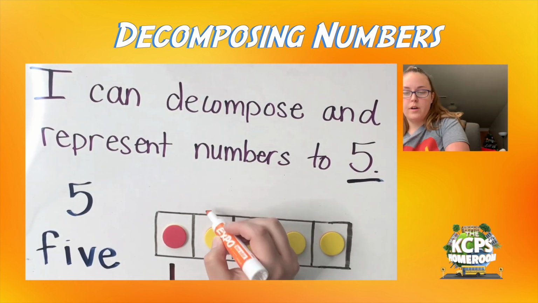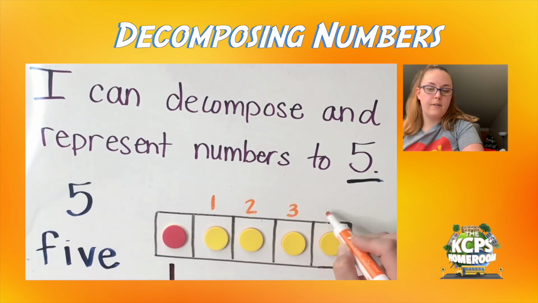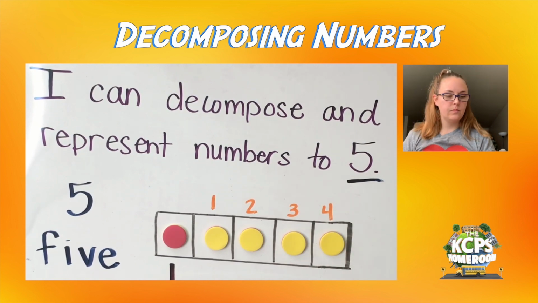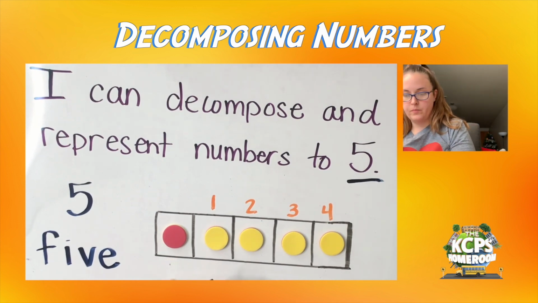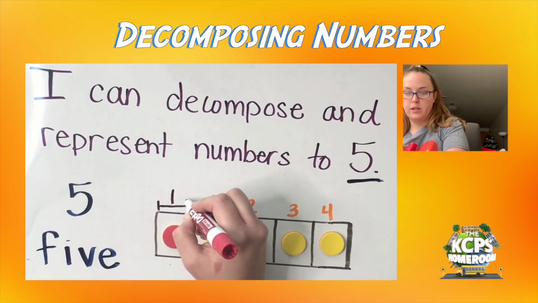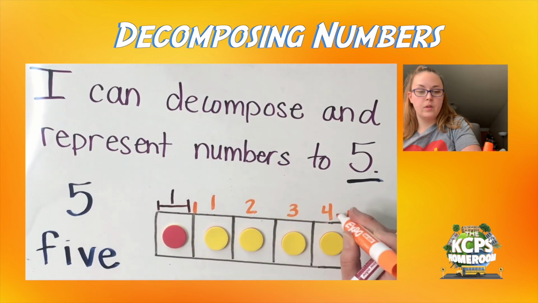So there's 1 yellow, 2, 3, and 4. So I have 1 red counter and 4 yellow counters. Right. So I have 1 red counter, and that's just this one right here. And then I have 4 yellow counters.